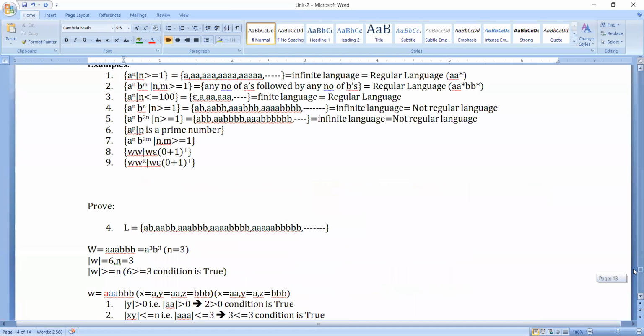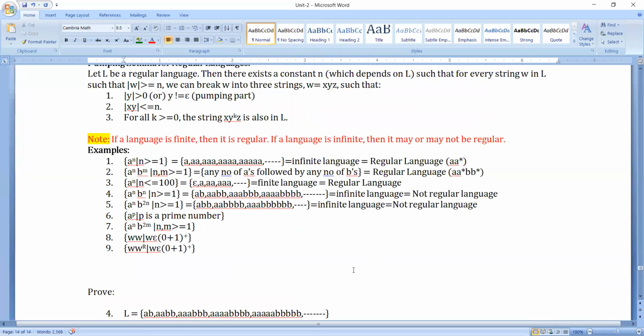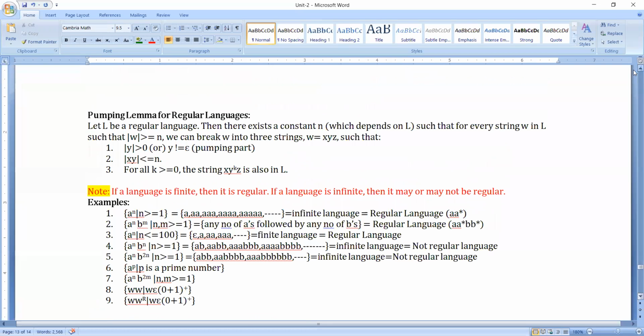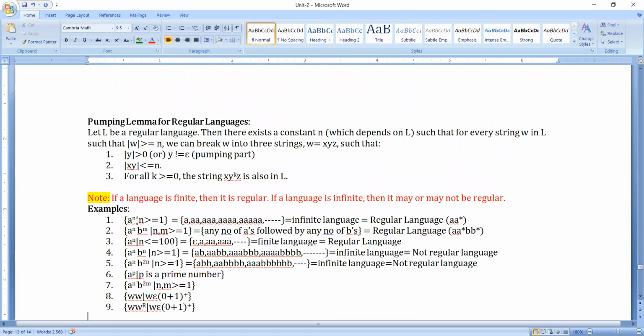Now let us take one language which is going to be a regular language. Let us take this language.